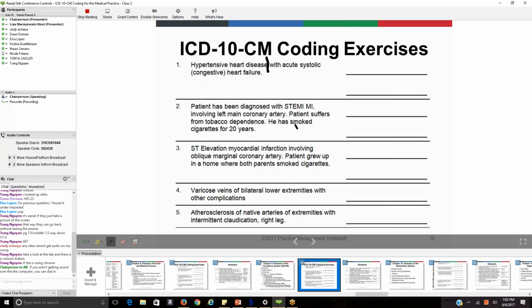So let's go ahead to our keyword. First person who finds it, go ahead and let us know in the chat box where that keyword is.